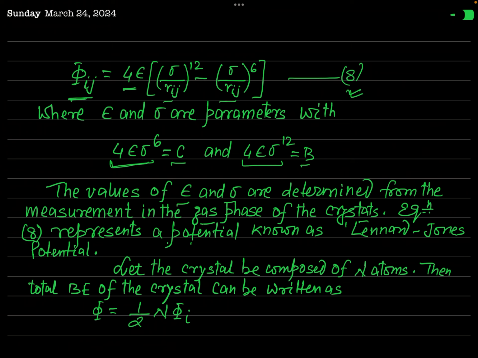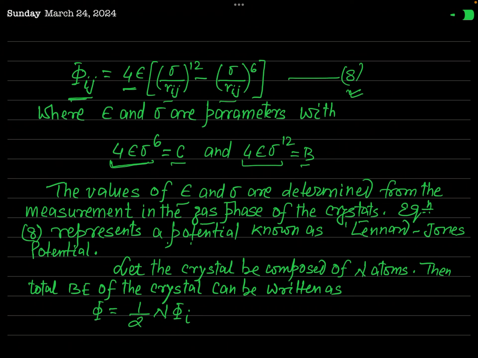Okay, so whenever an objective question is asked, what is Lennard-Jones potential, you have to say that this is the potential arising due to the attractive van der Waals interaction and the repulsive interaction between the two neighboring atoms of a molecular crystal.